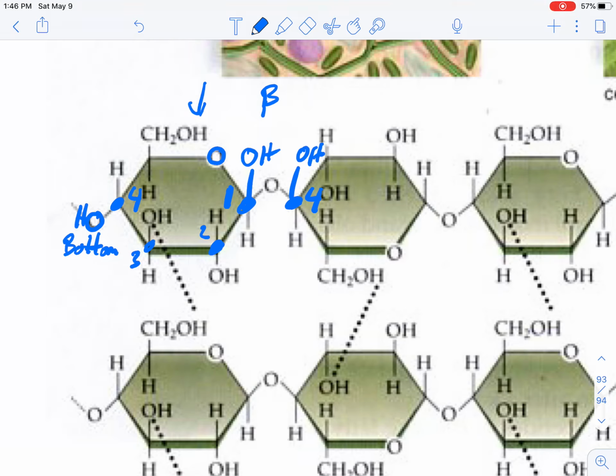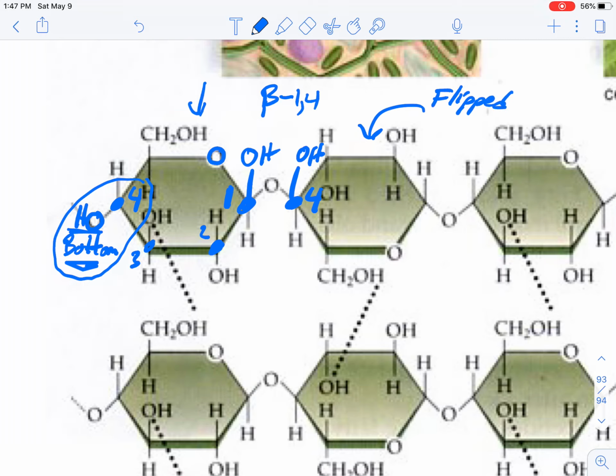But I said earlier that on carbon number 4 of glucose molecules, these hydroxyl groups are typically at the bottom. So for a beta 1,4 glycosidic bond to form, the second glucose molecule has to be flipped upside down. By flipping the second glucose molecule upside down, the hydroxyl group that is typically found at the bottom is now on top.